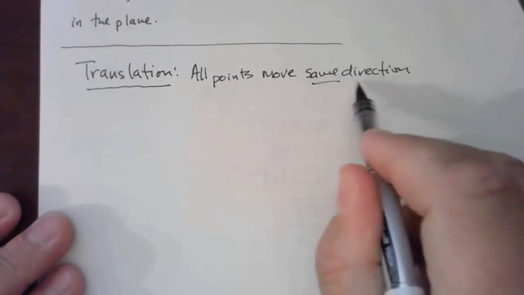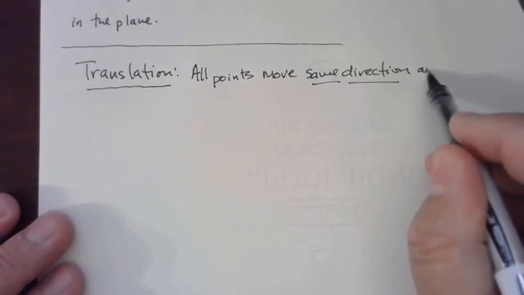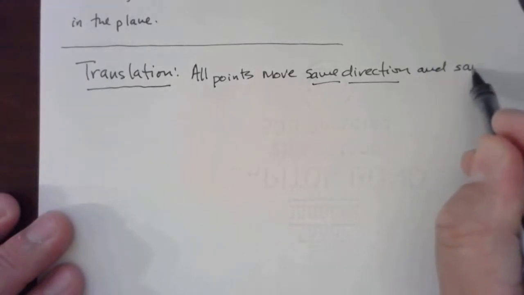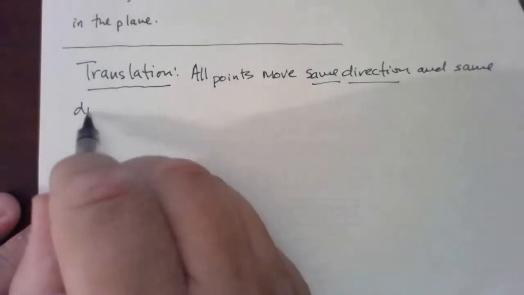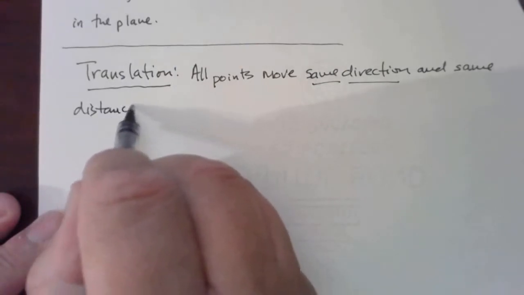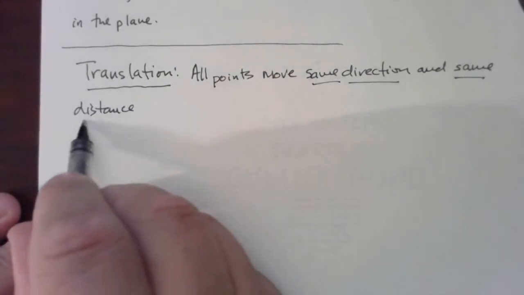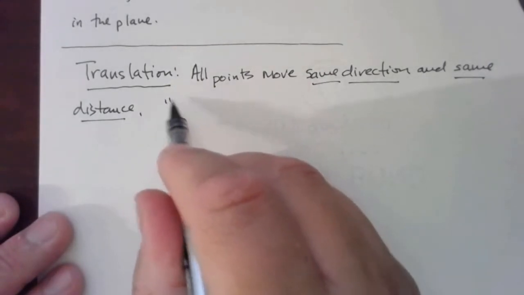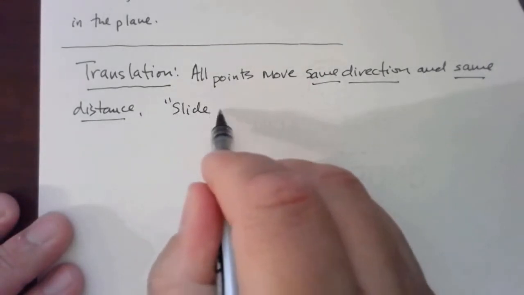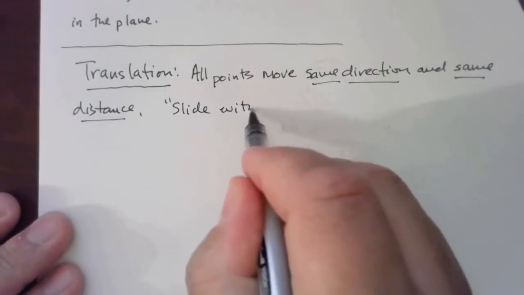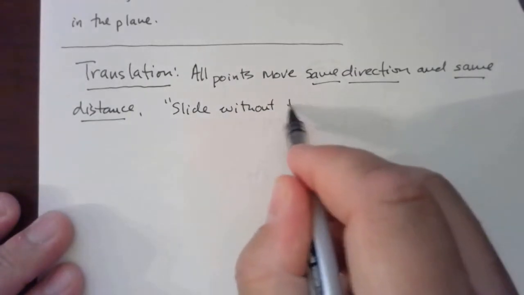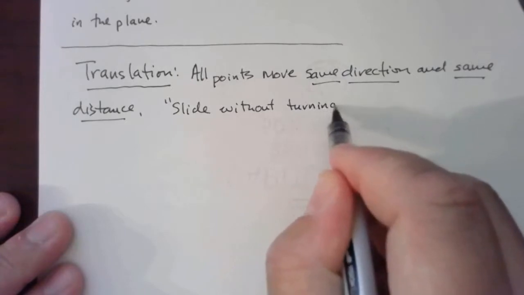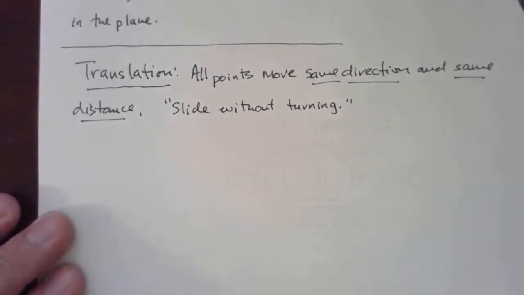Everything's going to go the same direction, and everything's going to go the same distance. So the effect of this is that all the points in the plane, or the shape that you're going to move, it slides without turning.